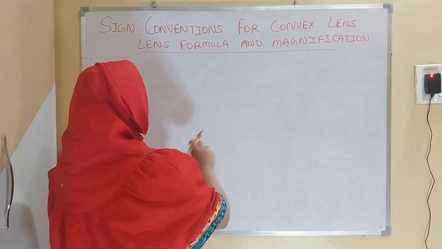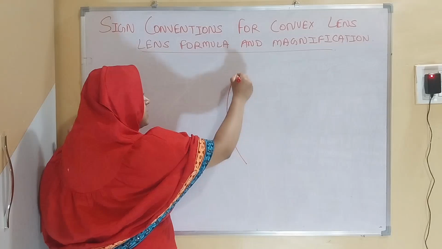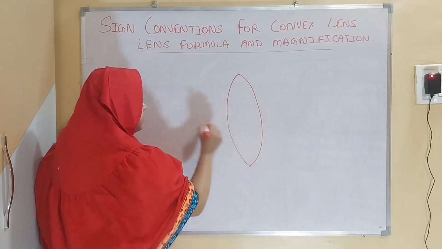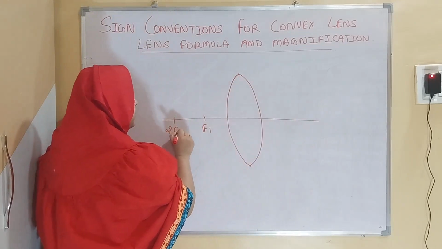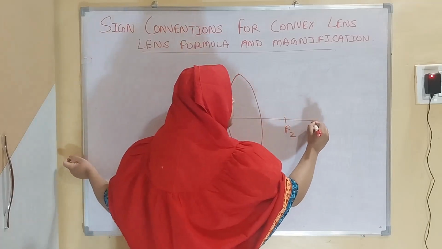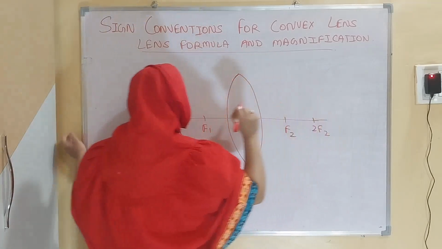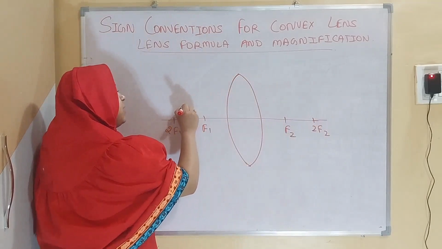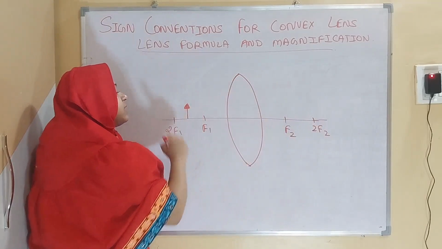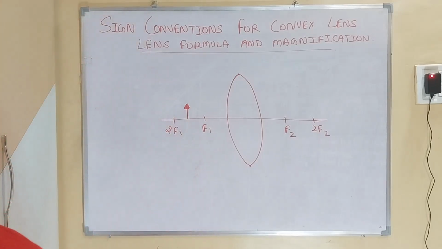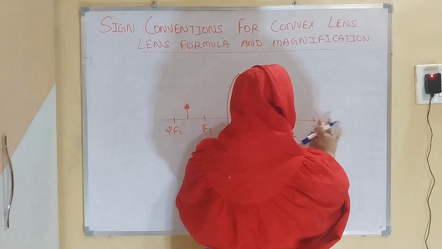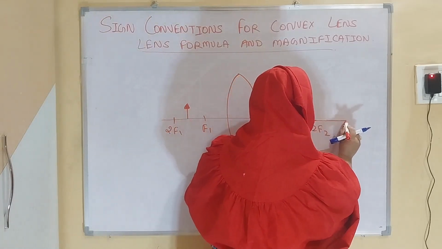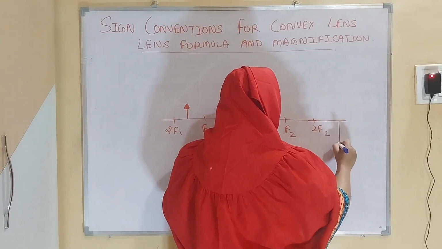We already know that for a convex lens, with F1, 2F1, F2 and 2F2, if we place an object in this manner, we get this kind of image.